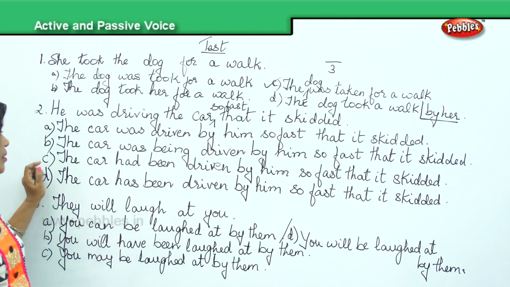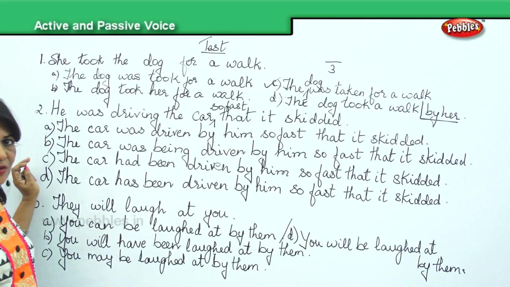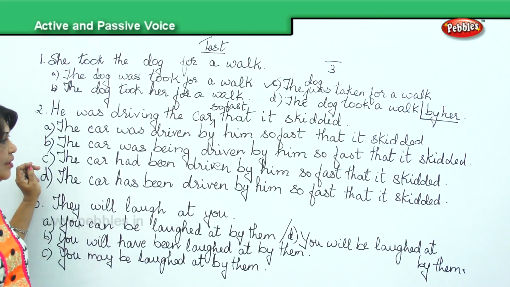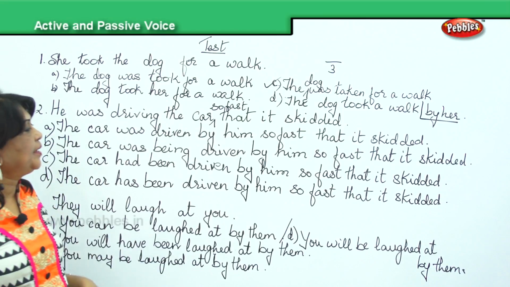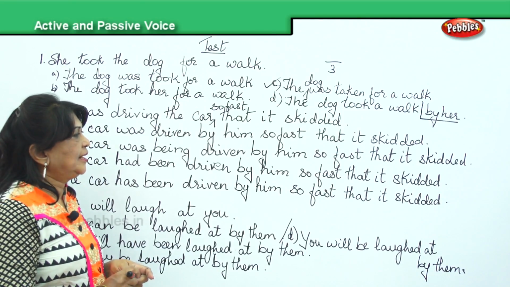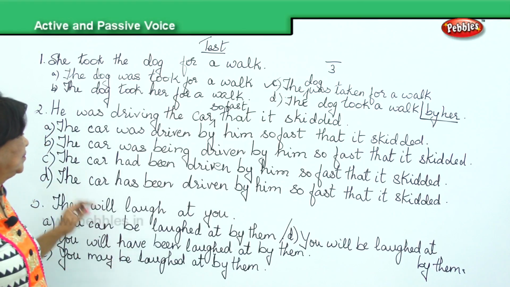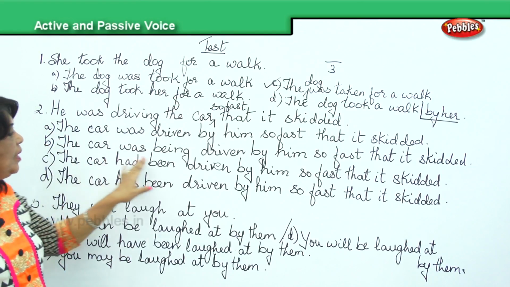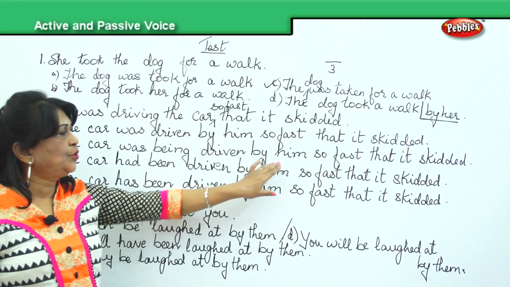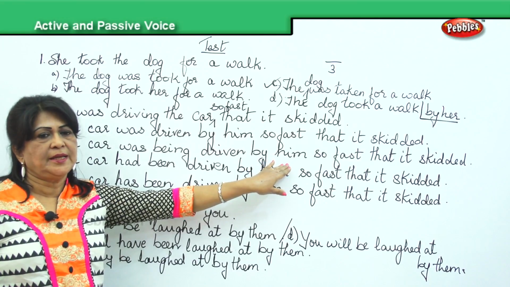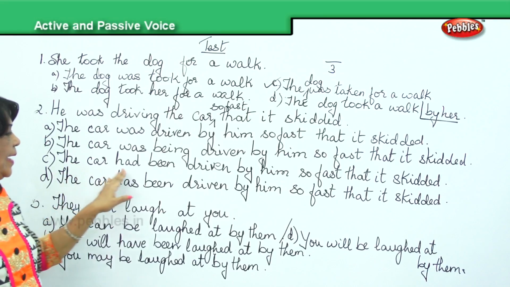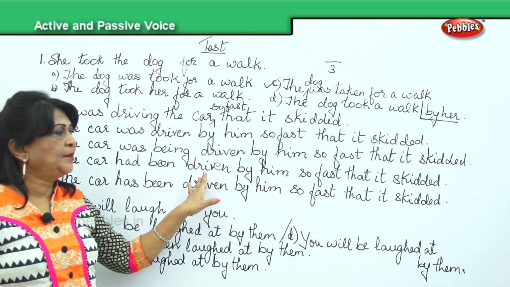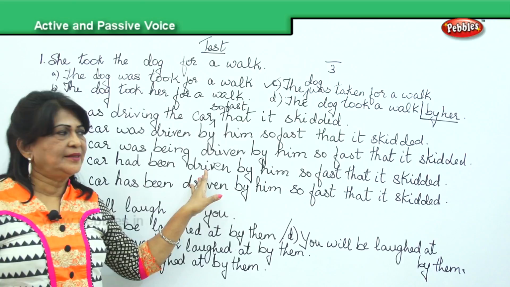Think about the rule. We'll see the options and then you can think about the rule and give the correct answer. The car was driven by him so fast that it skidded. The car was being driven by him so fast that it skidded. The car had been driven by him so fast that it skidded.